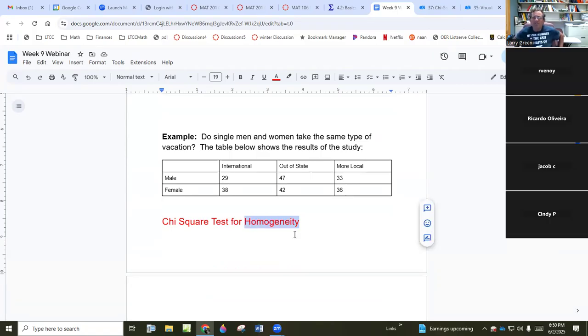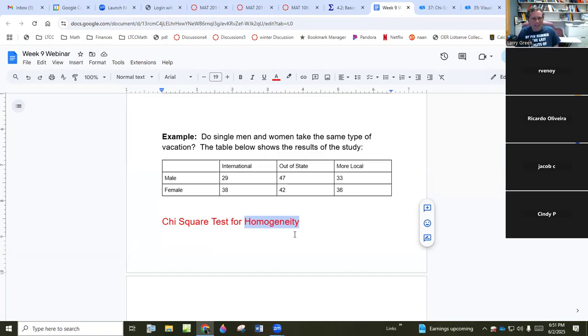Anyone know what that word homogeneity means? It's not a math word, it's an English word, but kind of a fancy English word. You've all probably heard homogenized milk, right? Same thing, homogeneity. It's kind of like mixed, equal parts.